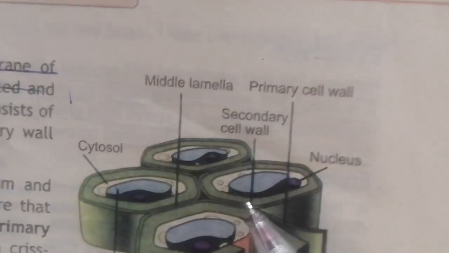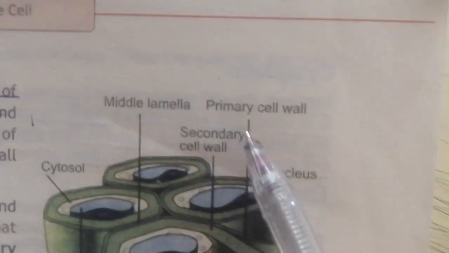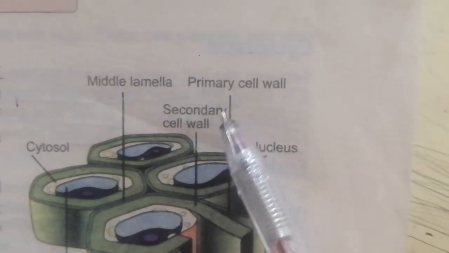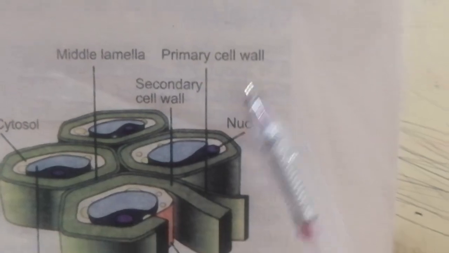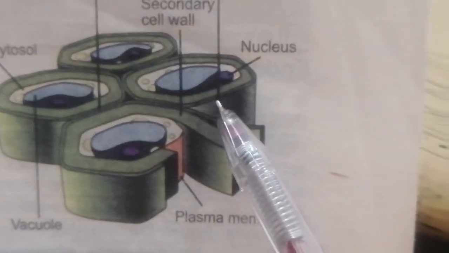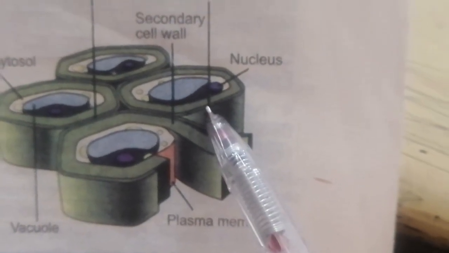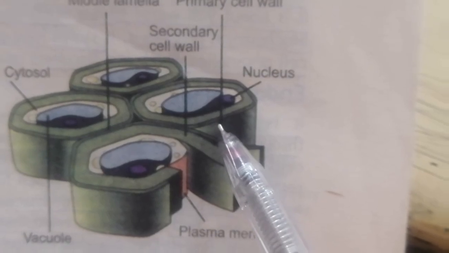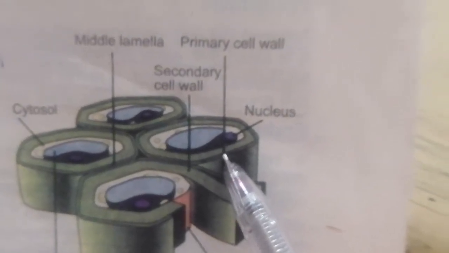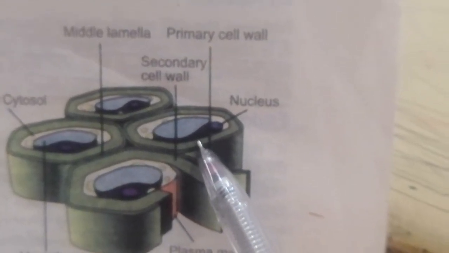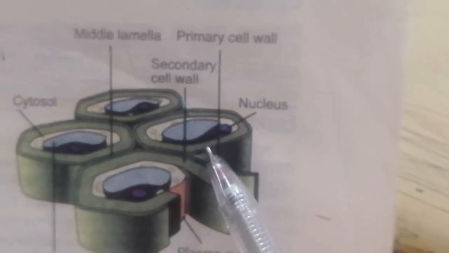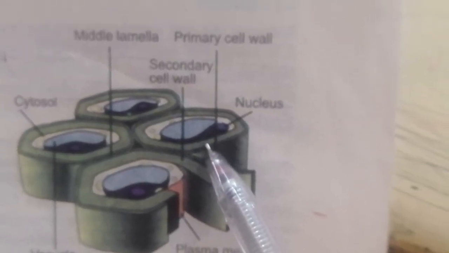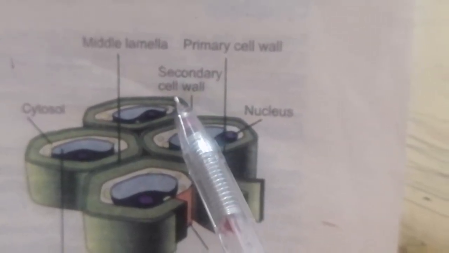Here you can see the diagram, and in this figure you can clearly see that the primary cell wall is this thin covering which is actually green in color, and inside it you will find the broader portion. This broad portion is representing the next layer of cell wall called secondary cell wall.